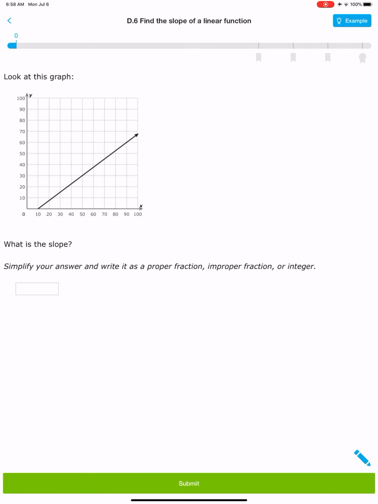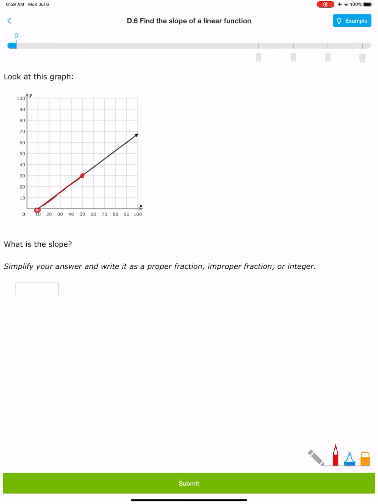D6. Find the slope of a linear function. Okay? So finding the slope is rise over run. If I start right here, our next possible point is going to be right over here.